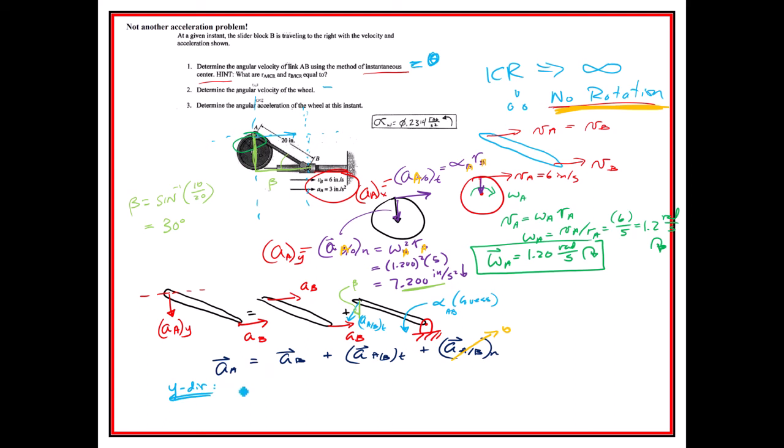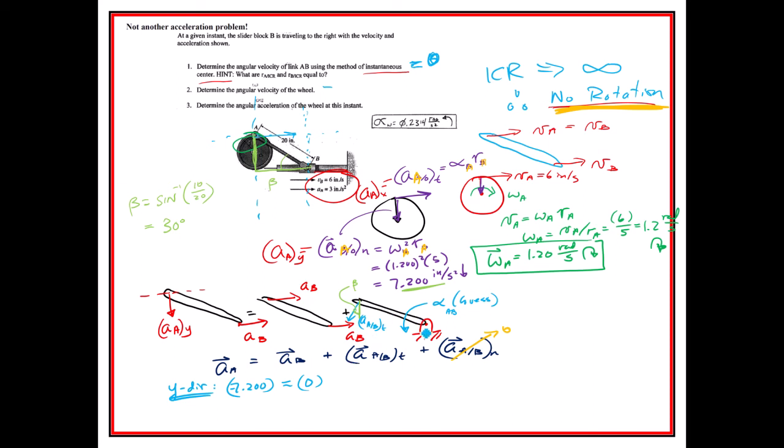I'll just use numbers. 7.2, and let's make it negative, because let's go up and down, positive right here. All right, so that's going to be equal to, and B is completely horizontal, so that's going to be 0. That's so nice of us. And then we'll also take a look at the acceleration of A with respect to B in the tangential direction, but only in the vertical part of it, right?